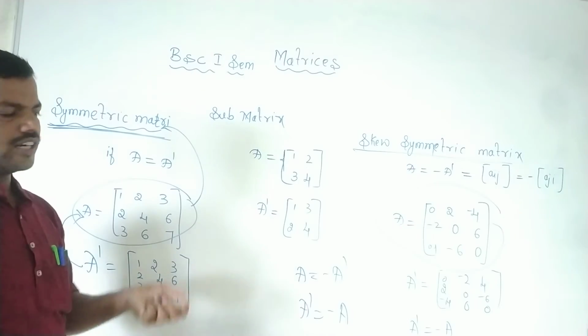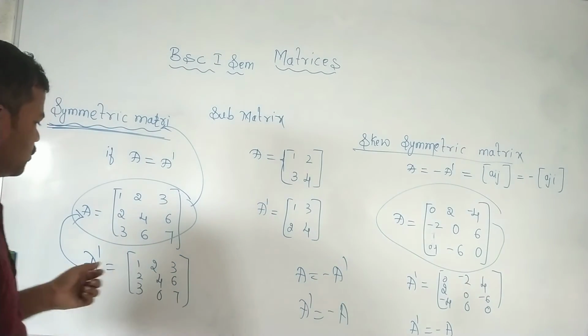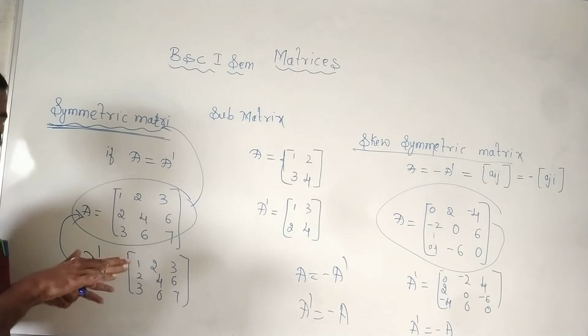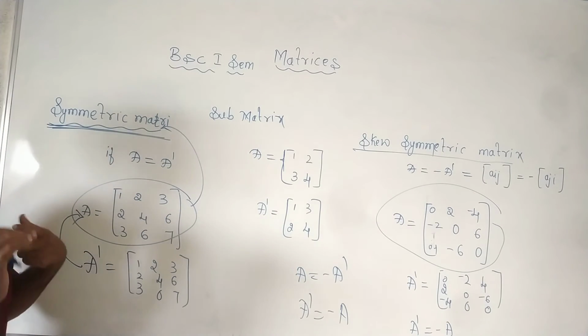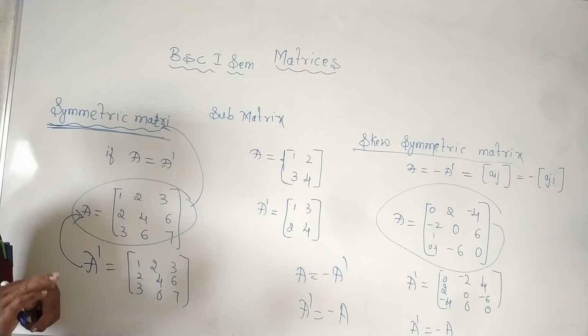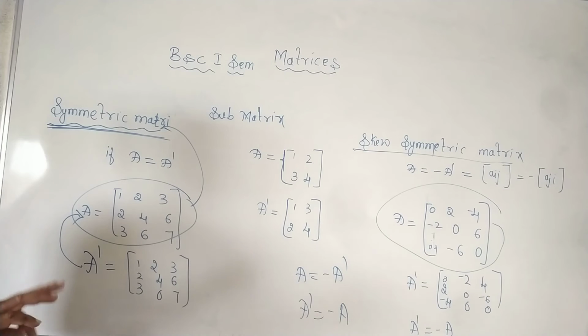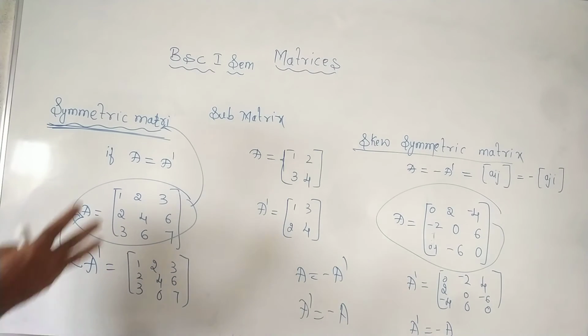A matrix obtained from the given matrix by deleting a row or a column or both together is called a submatrix.